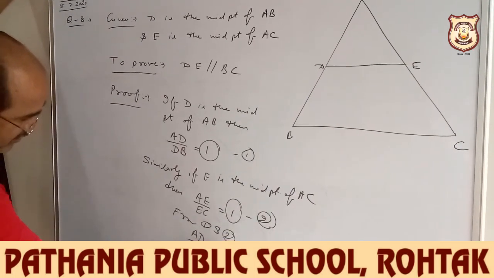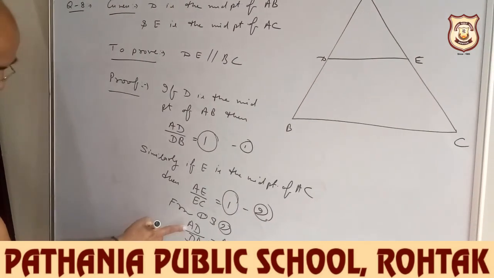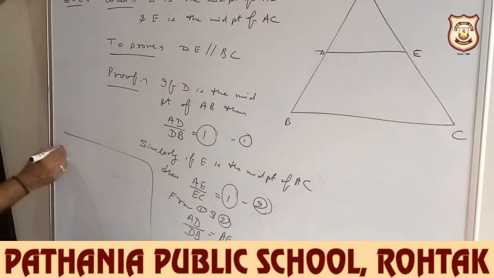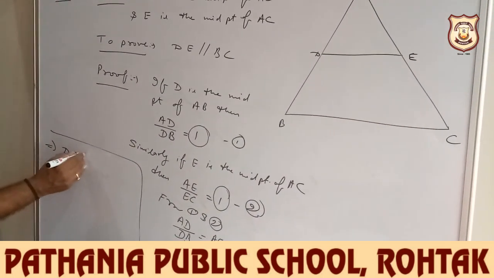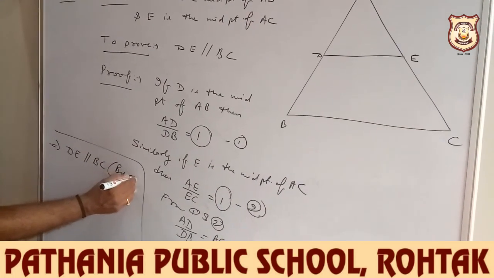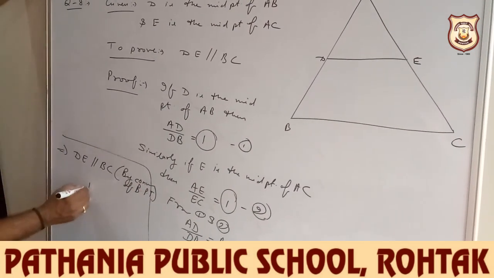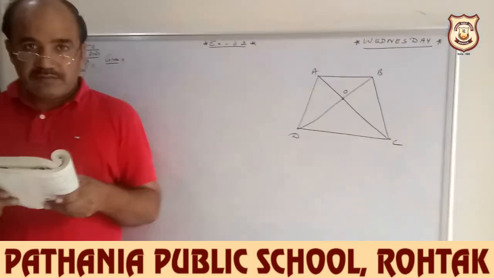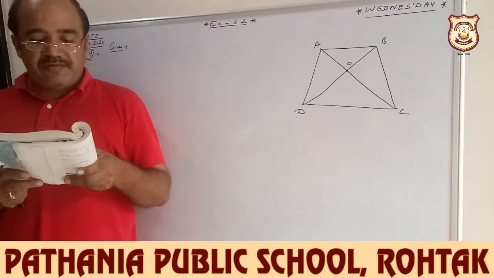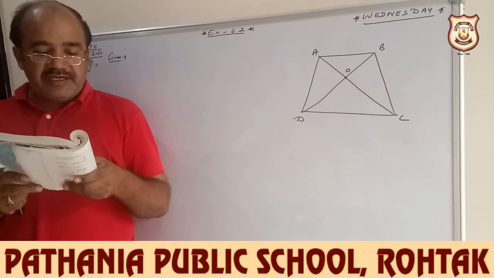Mention this one as second. From first and second, see student, RHS is same. AD upon DB equal to AE upon EC. If corresponding ratios are same, then it implies lines are parallel. DE parallel BC. Why? By converse of BPT. Hence it is proved.